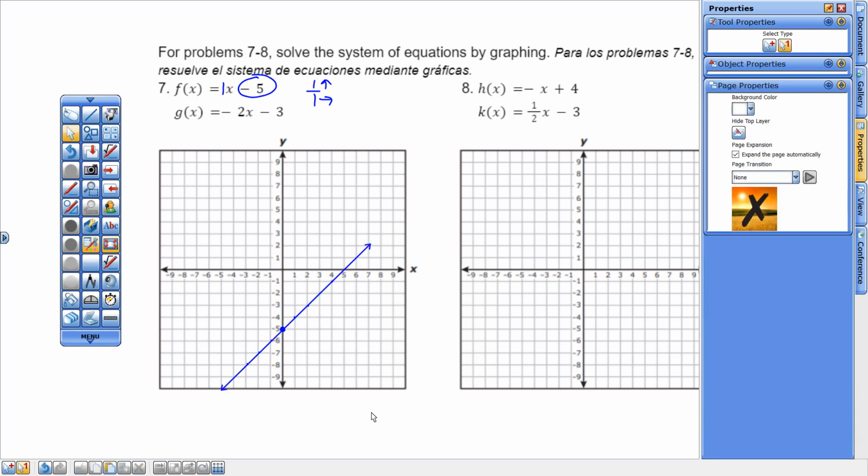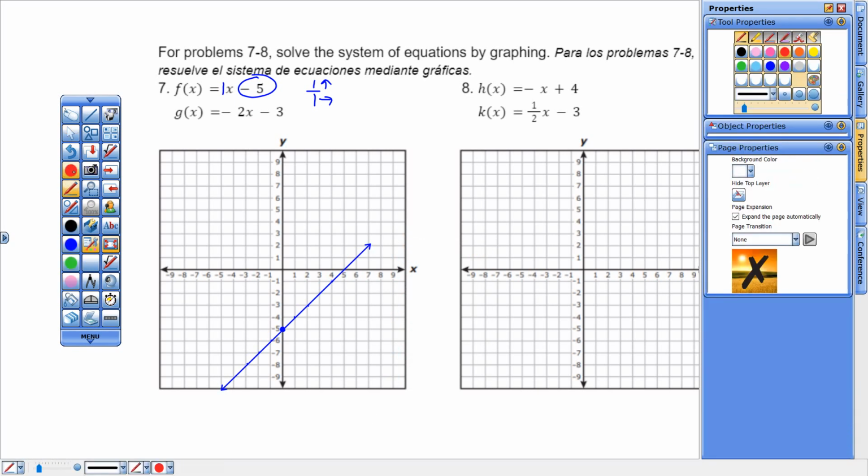All right, this one in red, starting at -3 down here. This one's slope 2 over 1 means from that I'm going right 1, up 2, right 1, up 2, right 1, up 2. Be able to stair step opposite, left 1, down 2, left 1, down 2. I could see that is where they intersect right down here. That's a tricky one.